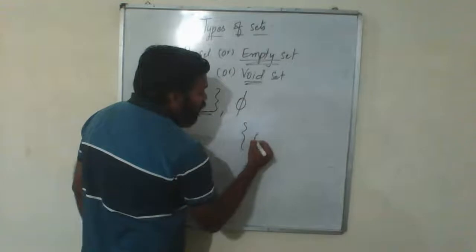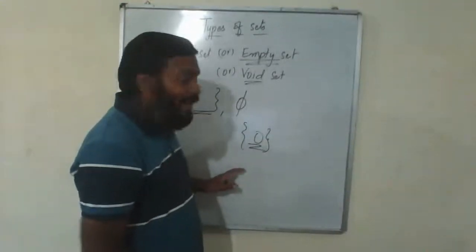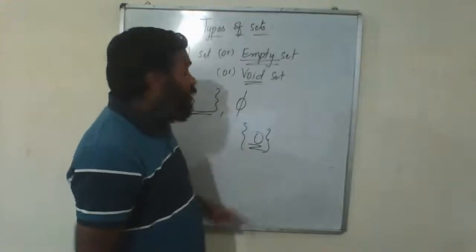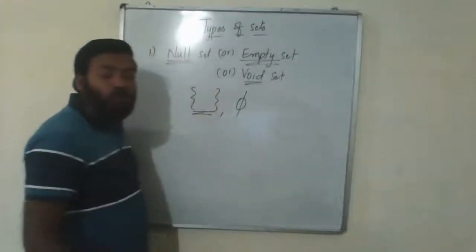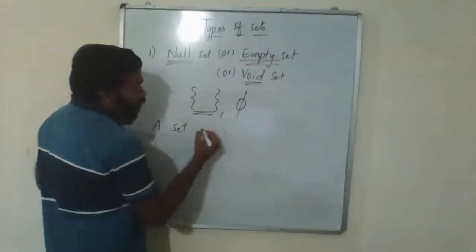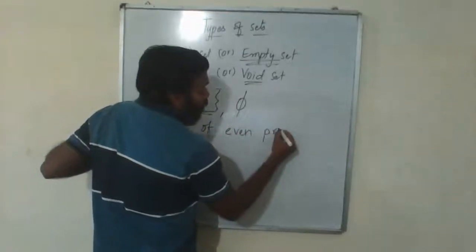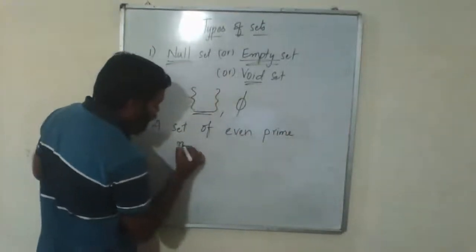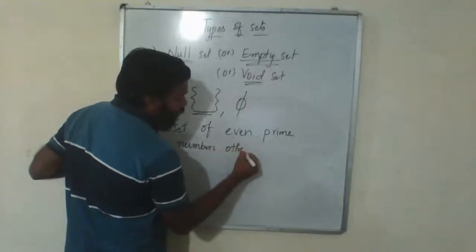If 0 is an element of the set, we can't say this is an empty set. Say, if I ask you to write a set of even prime numbers other than 2.